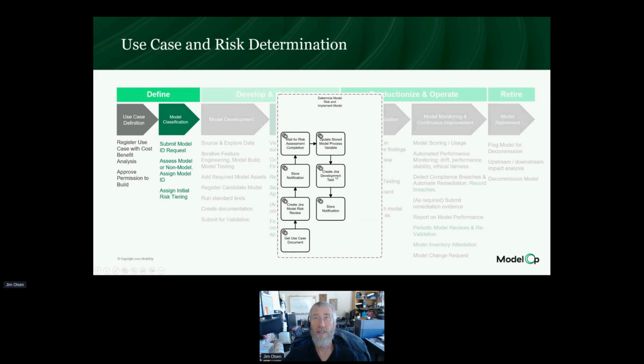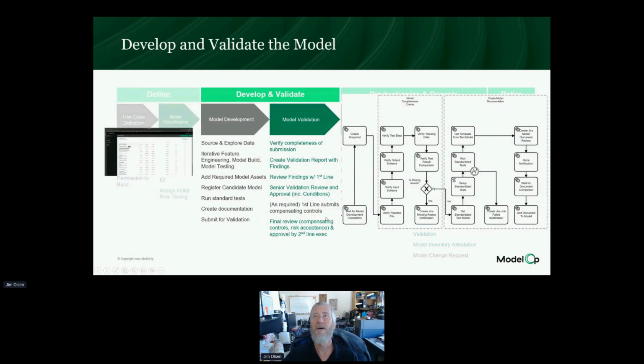Those models should ideally, when you close out the ticket and provide that information, be complete models. So what do we mean by a complete model? Once it's developed, if we're going to pass it on to the model validation phase, there's some information that needs to be present to properly validate a model. If this information is not available, there's just no way you're going to have a successful outcome.